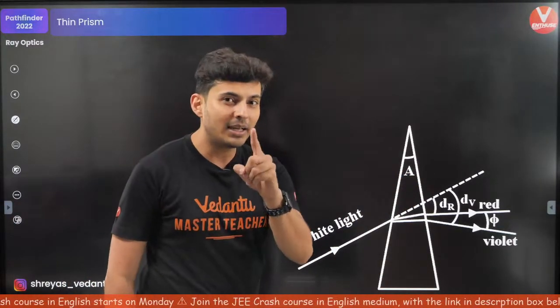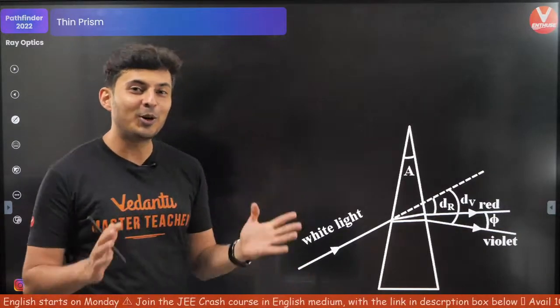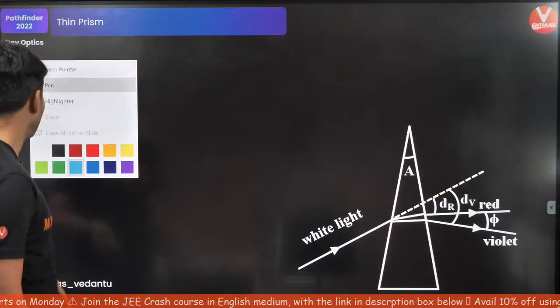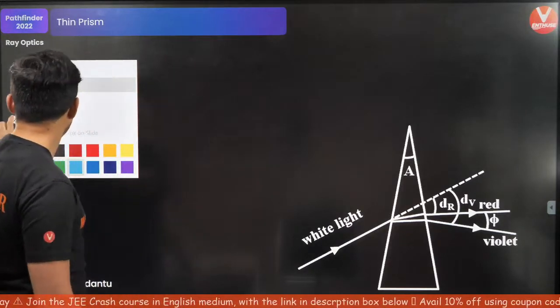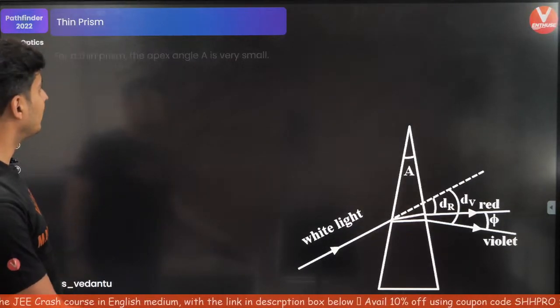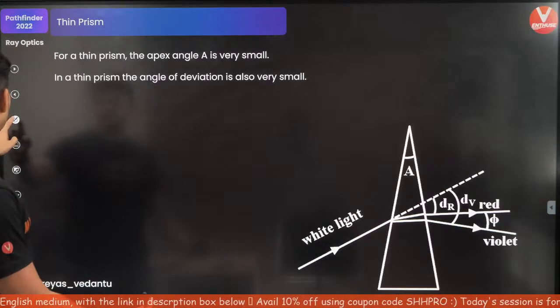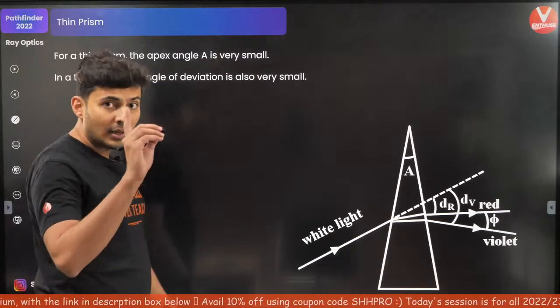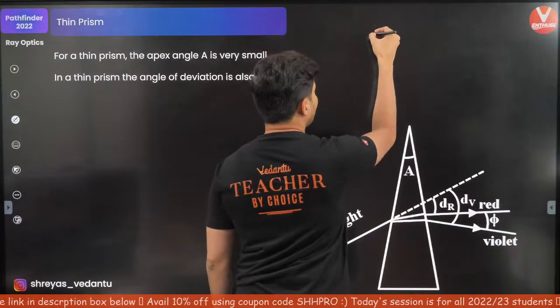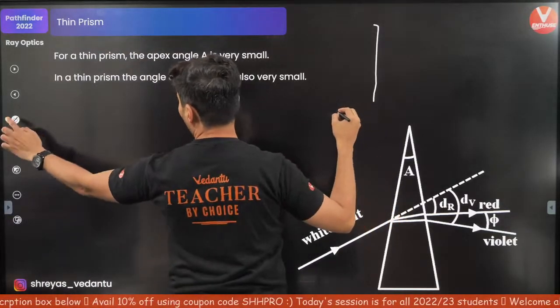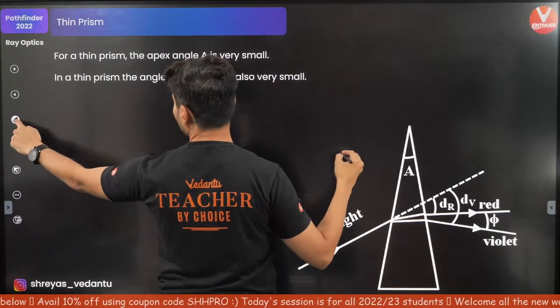Now what many institutions and many channels won't tell you is this. Observe carefully. Remember, I just gave you a chart of deviation with angle of incidence.